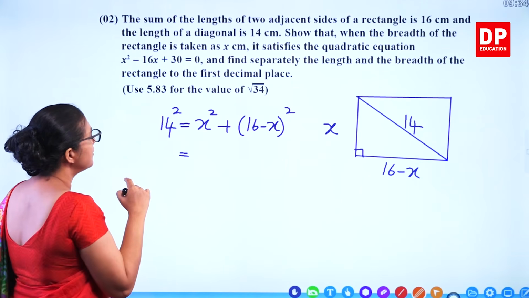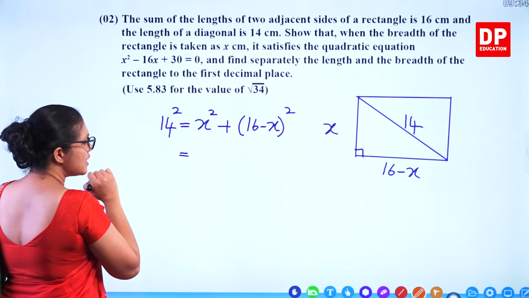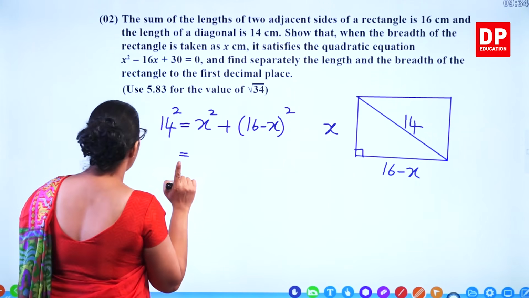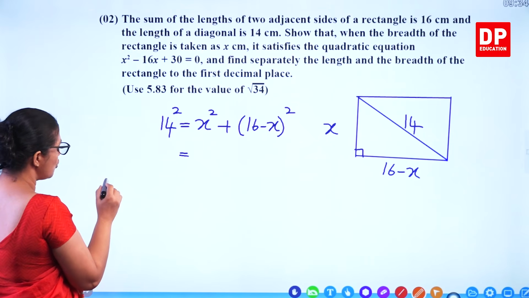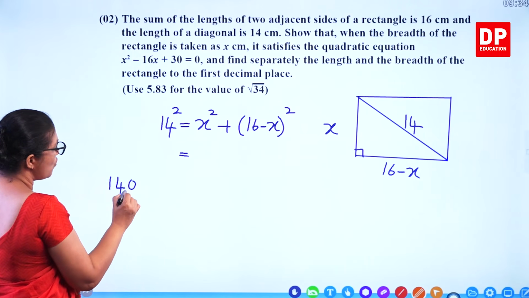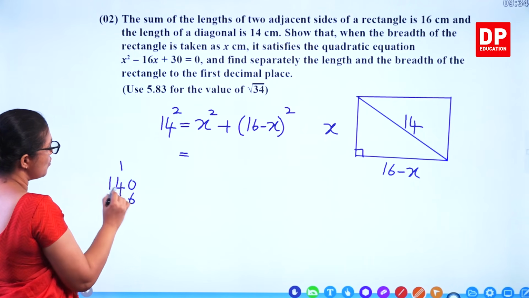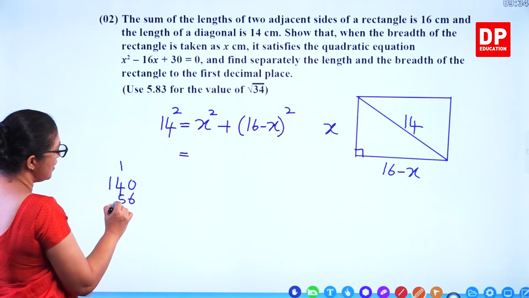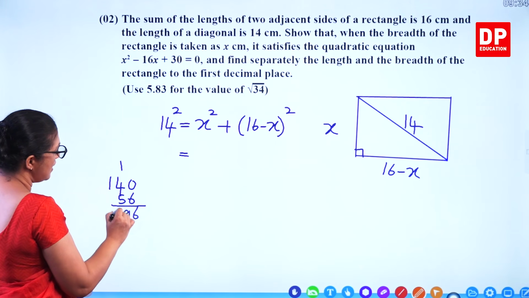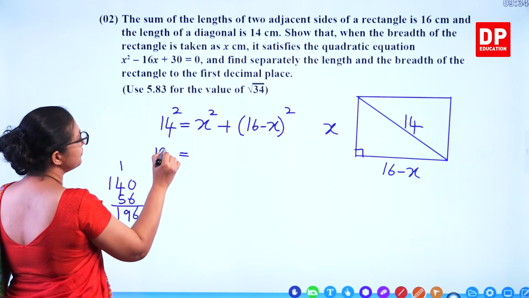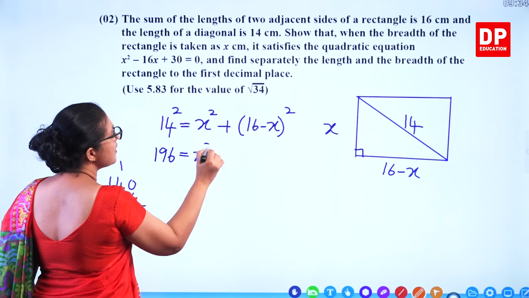Now expand. 14 times 14, 196. Just check it. 4 times 4, 16. 4 times 1, 4, plus 1, 196. And expand this one.